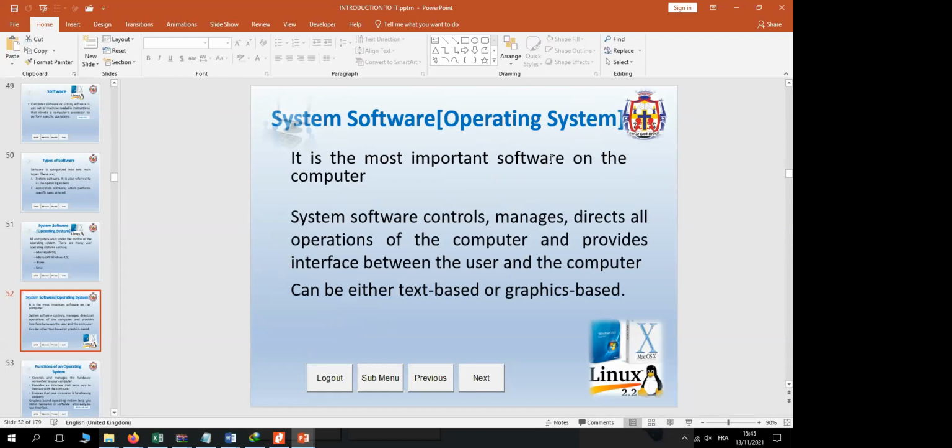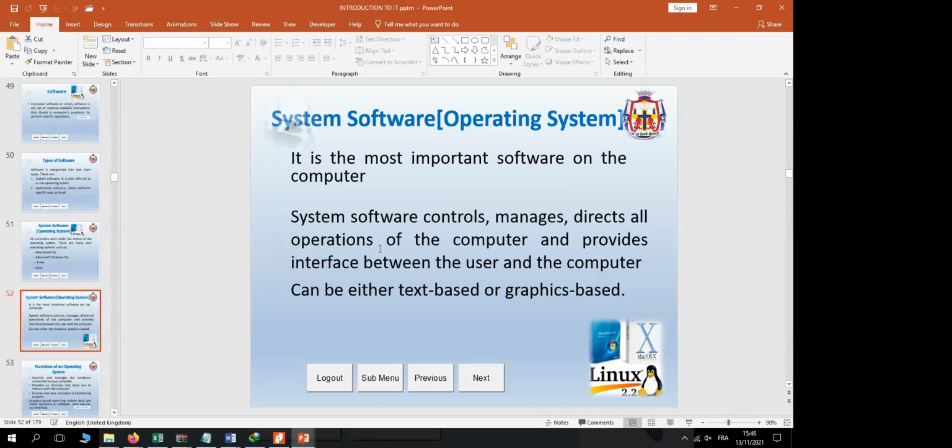So system software controls, manages, directs, coordinates all the operations of the computer and creates or provides the interface between the computer and the user. That is system software. It coordinates everything that the computer wants to do, or that you want to do on the computer, and manages all operations.